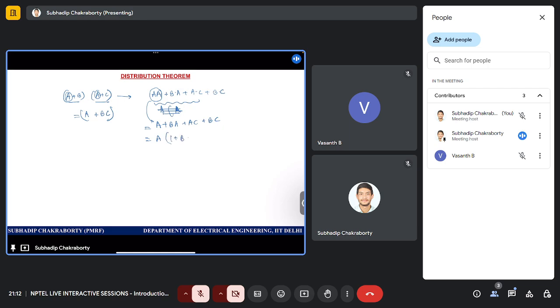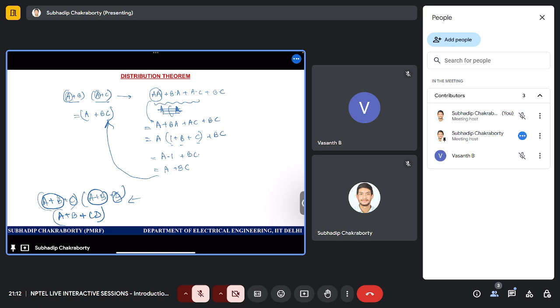Then 1 plus B plus C plus BC, and you know that if you OR 1 with B and C, you will get 1, and A dot 1 is A, so you get A plus BC. That is the proof. So in the distribution theorem, remember, if you have, for example, A plus B plus C, and A plus B plus D, then you have A plus B common, and you can write A plus B plus the product of these two, CD.